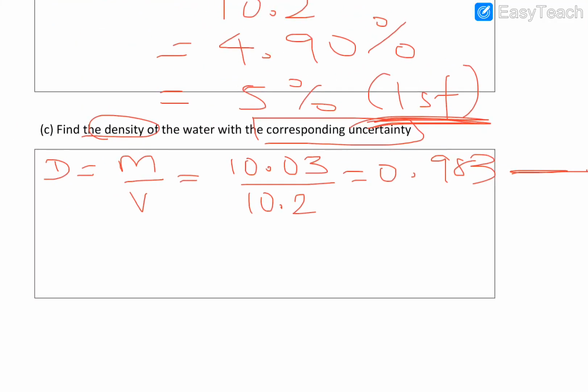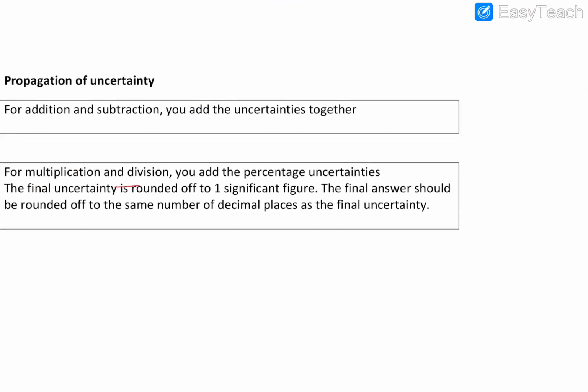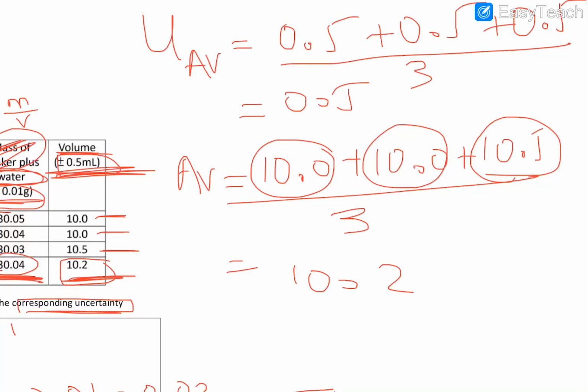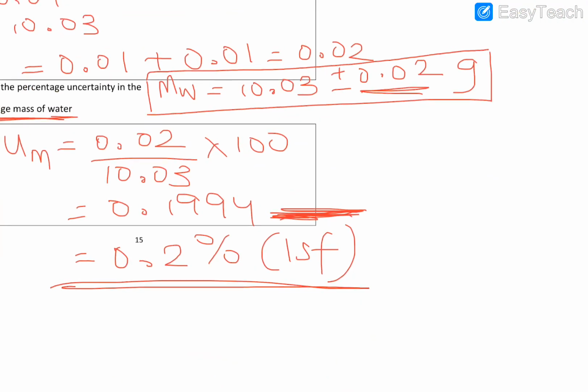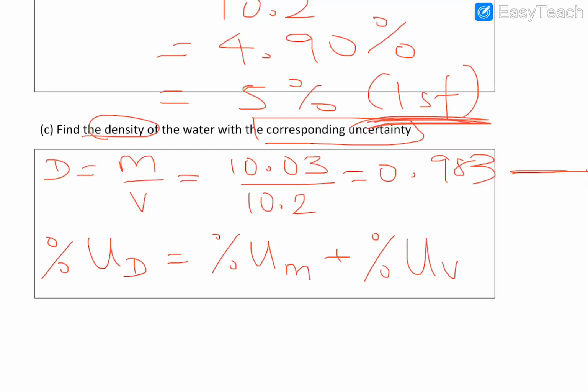So this is a division calculation. So for division calculation, so the uncertainty, so for multiplication and division, you add the percentage uncertainties. Now you can use percentage uncertainty or you could use relative uncertainties. In this question, because I've already found the percentage uncertainties, I'm going to use the percentages. So percentage uncertainty in density will be percentage uncertainty in mass plus percentage uncertainty in volume.